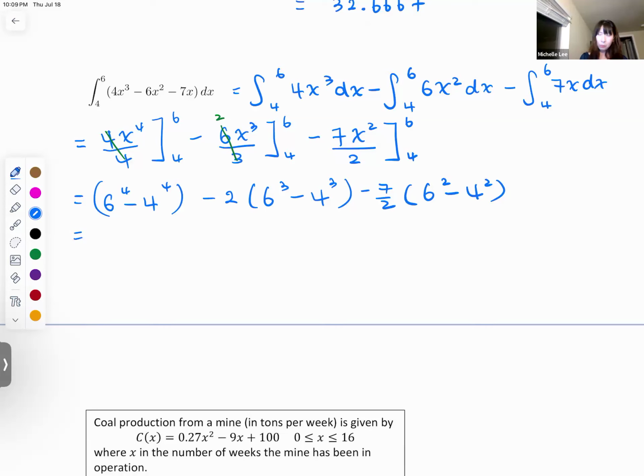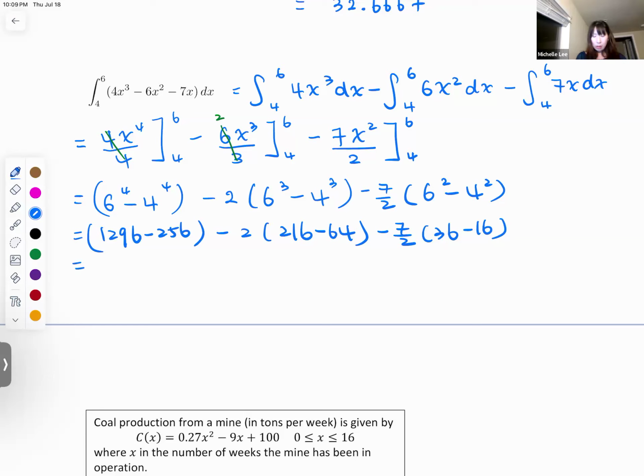Then 6 to the fourth power is 1,296 minus 256. And minus 2 times 216 minus 64. Minus 7 over 2 times 36 minus 16.